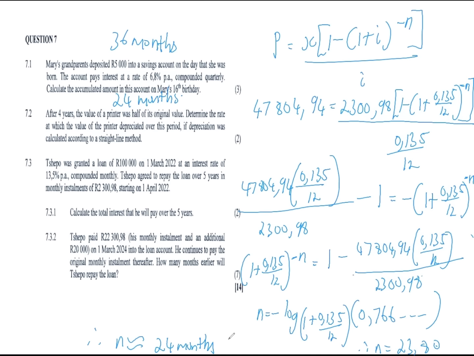It's not 24 months earlier. We have to then say 36 minus 24. It means it will be 12 months earlier, because now instead of the whole 36 months, he's only taking 24 months. So that's actually 12 months earlier.